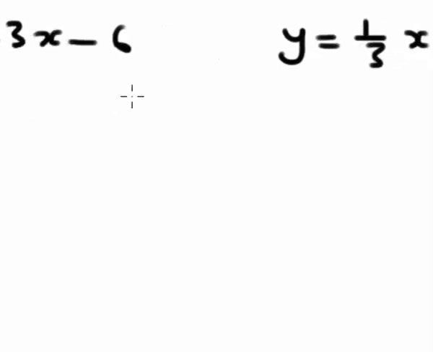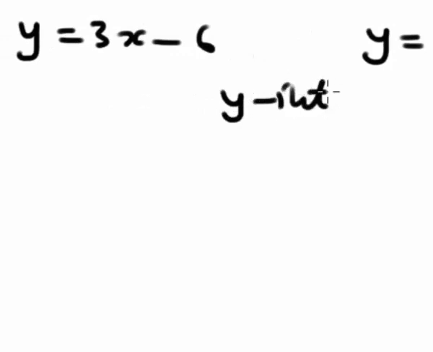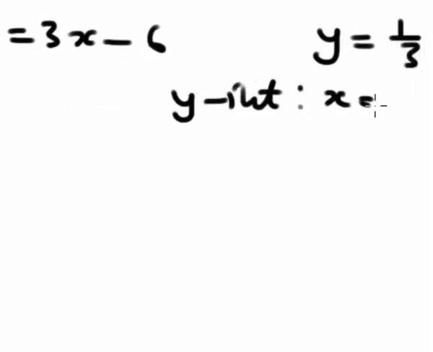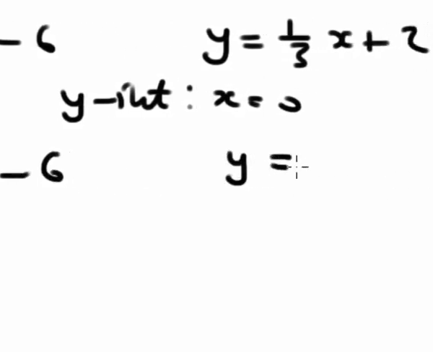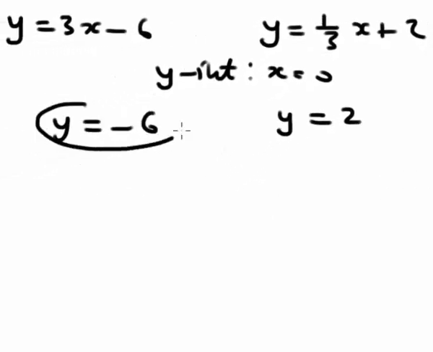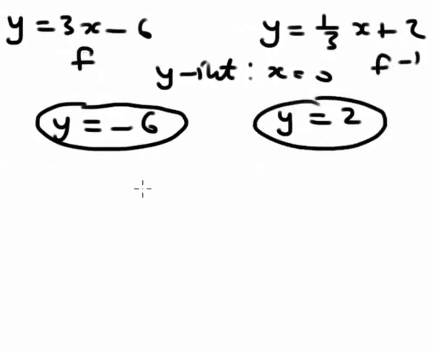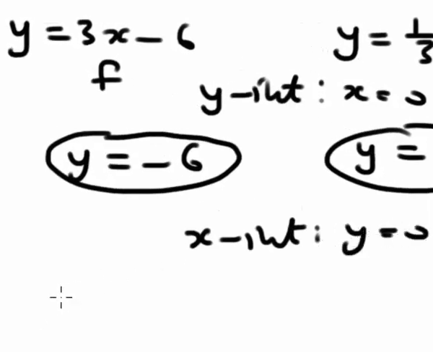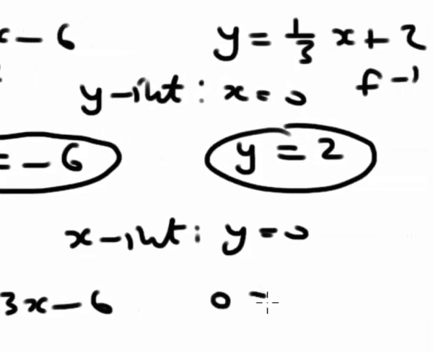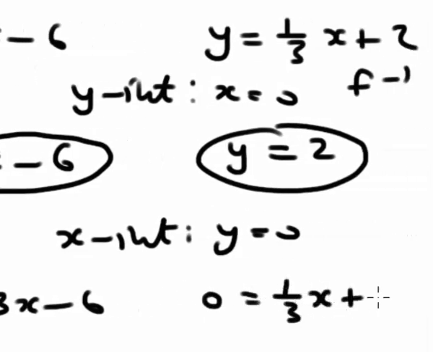Okay, what would be the y-intercepts for these guys? We let x be 0. So in this case, y would be negative 6, and in this case, y would be 2. Y-intercepts for this graph of f, and for the inverse, we've got this one. How do we get the x-intercepts? Well, we let y be 0.